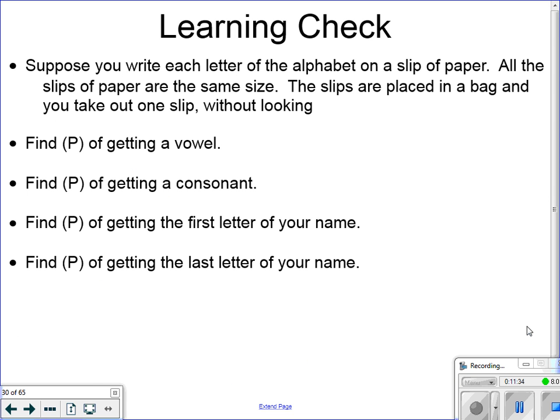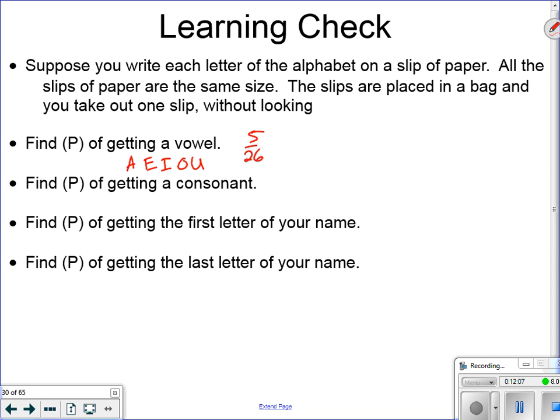All right, last problem here involving the alphabet. So you write each letter of the alphabet on a slip of paper. All the slips of paper are the same size, so you don't know if a bigger one is a certain letter or anything like that. The slips are placed in a bag, and you take out one slip without looking. So what's the probability of getting a vowel? Well, remember the vowels are A, E, I, O, and U. That's 5 letters out of the 26.